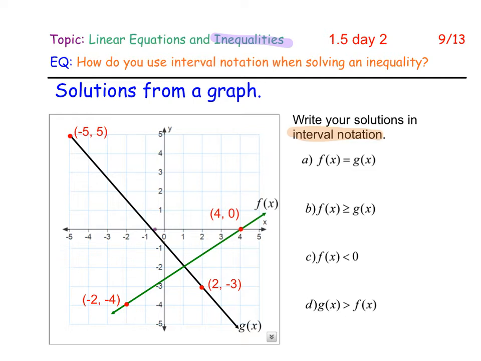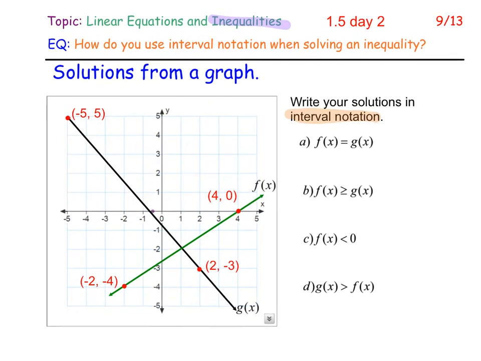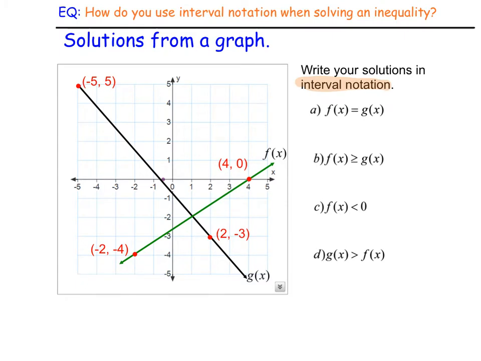So, all right, we have these two lines here, and we have a few questions over on the right that we want to answer about what they will look like. So where does f of x equal g of x? What we're looking at here is where this line equals this line. Remember, when we say f of x, that's the same thing as saying y.